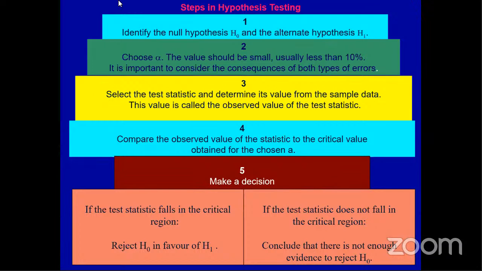Steps in hypothesis testing. What is the first step? First is to identify the null hypothesis. We are assuming that there is no significant difference between the average of the variables, means between sample means and populations. There are different tests, a small sample test and a large sample test.